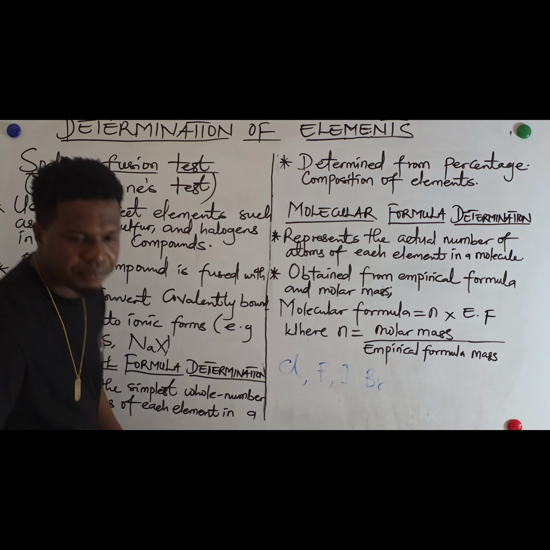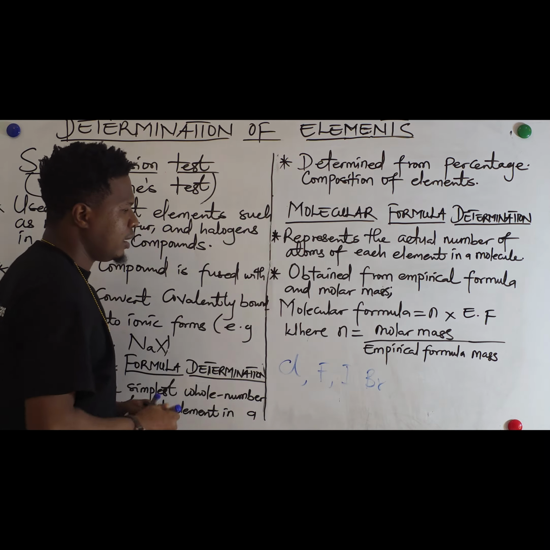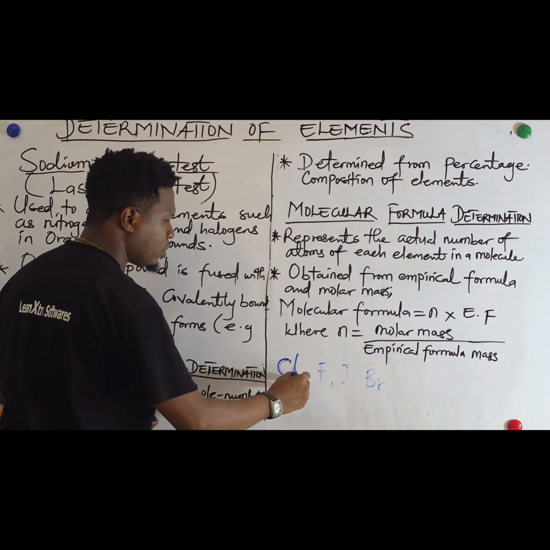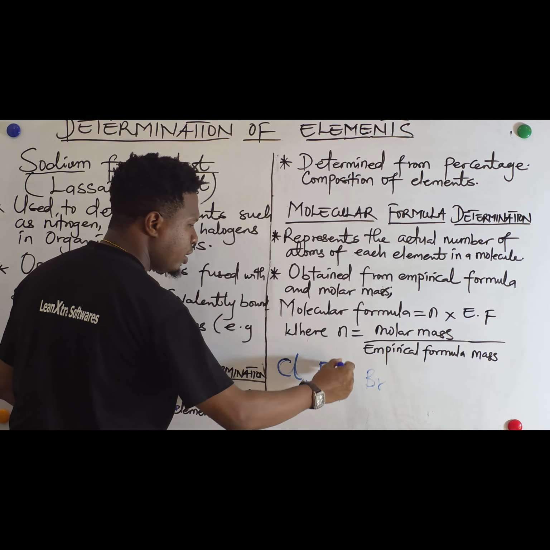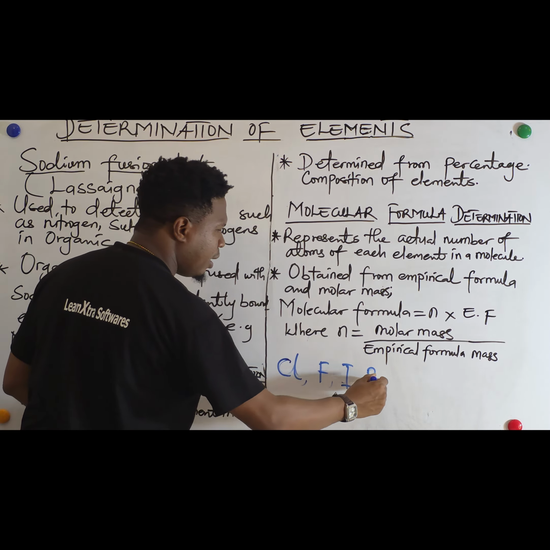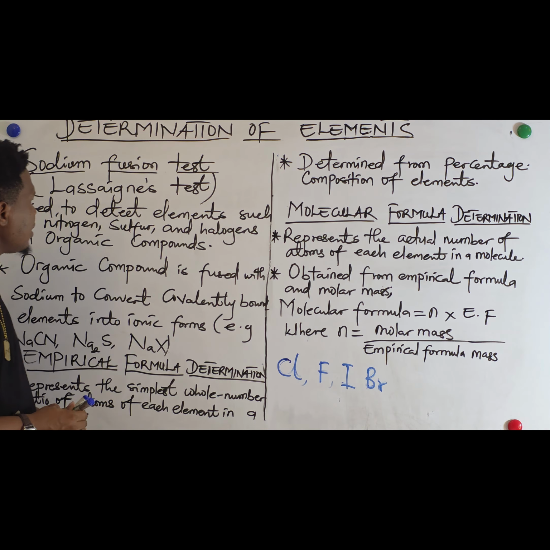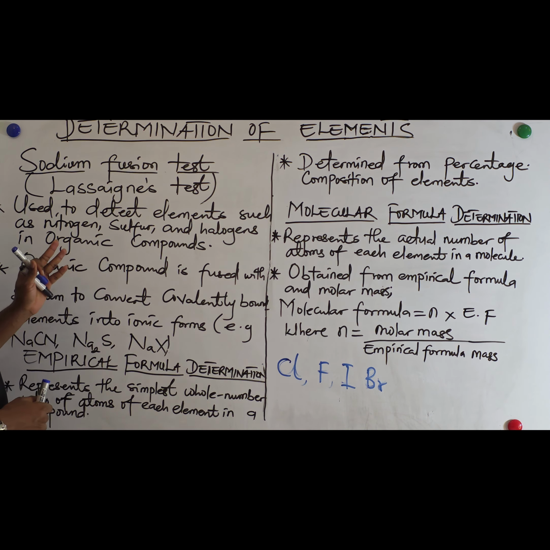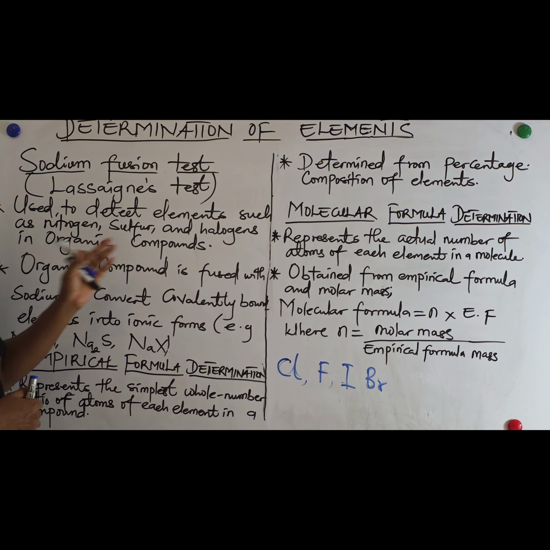These are the elements called halogens. So we use this sodium fusion test to determine nitrogen, sulfur, and halogens in organic compounds.